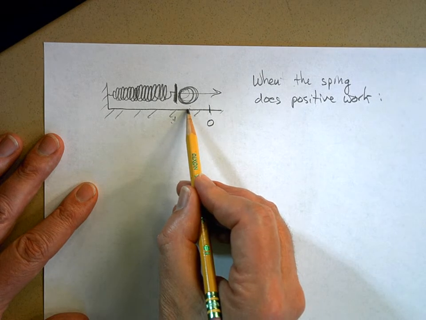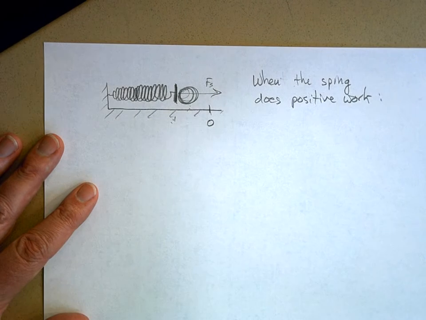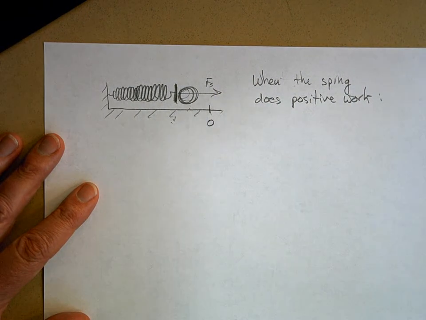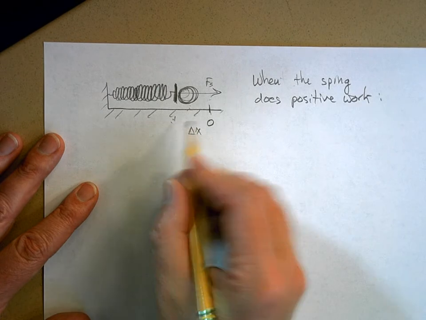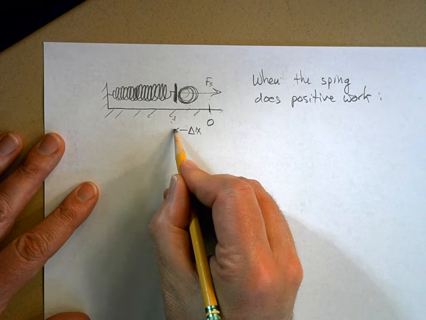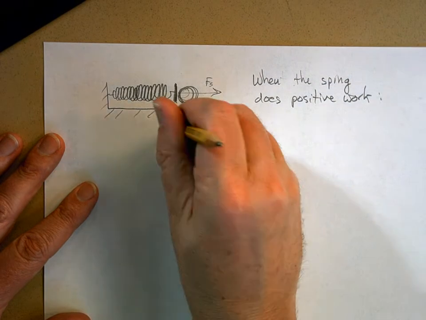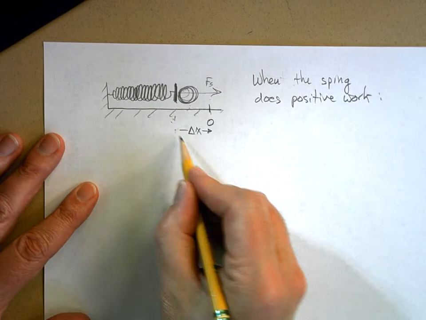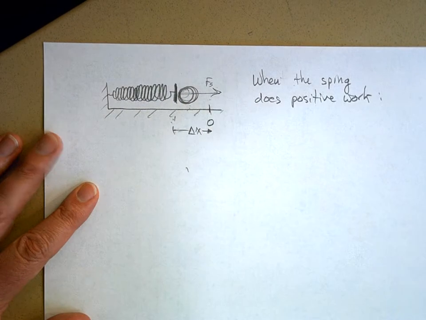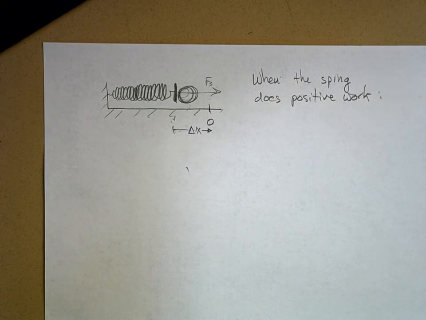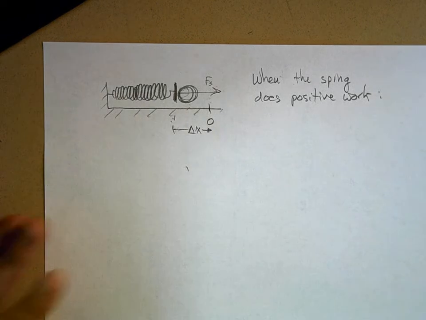So there's the force of the spring. And it's going to push it through this displacement. We'll call this delta x, from here over to here, actually. So the force and the change in position vectors are in the same direction. So from here to here, the spring is going to do positive work.